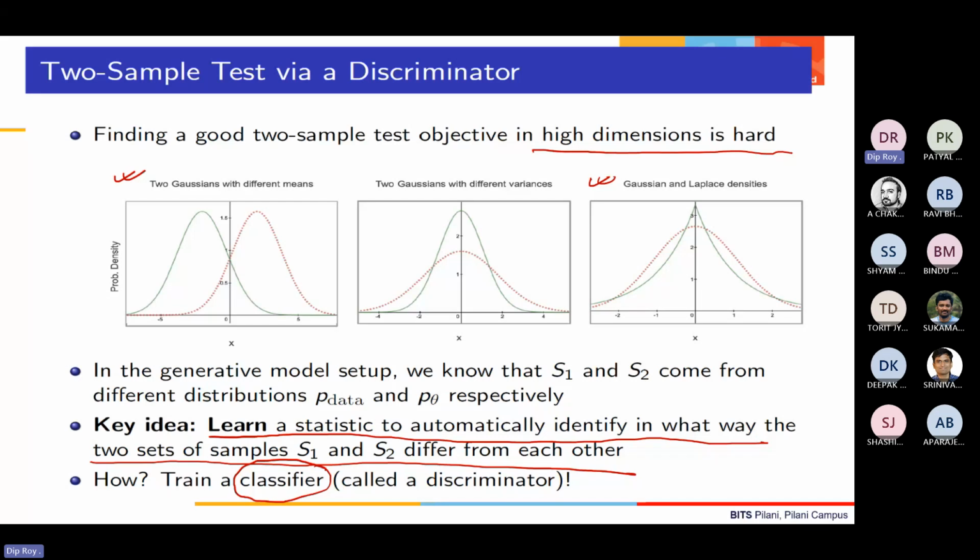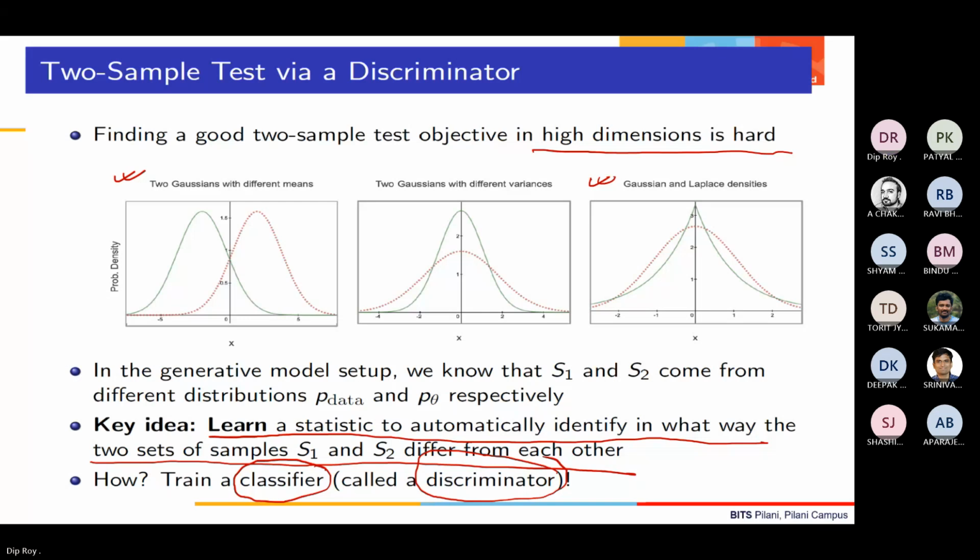It just classifies, simple, right? In GAN terminology or GAN literature, this particular classifier is called the discriminator. So the first component that we are introducing here is called the discriminator, and we need it so that we can discriminate between the samples S1 and S2 coming from two different distributions.